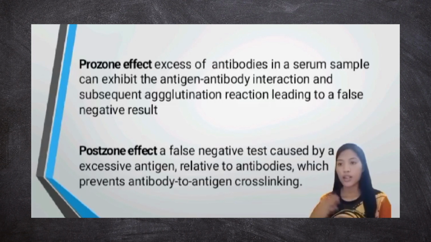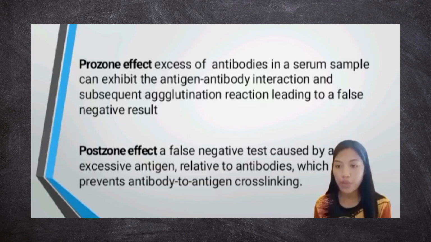So, with the prozone effect, an excess of antibodies in a serum sample can inhibit the antigen-antibody interaction and subsequent agglutination reaction, leading to a false negative result. In the case of antigen excess, the postzone effect occurs. Postzone effect is a false negative test caused by an excess of antigen relative to antibodies, which prevents antibody-to-antigen cross-linking.